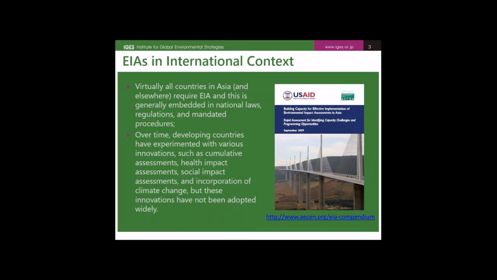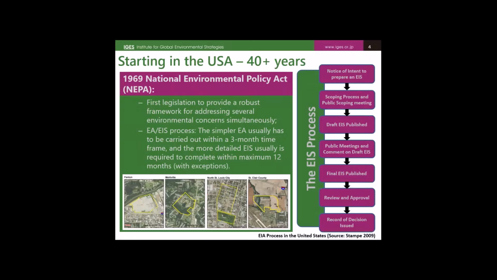But by and large, the EIA process is fairly consistent across countries, starting with the USA about 40 years ago, and therefore lots of experience has built up throughout the world in how to make effective EIAs.